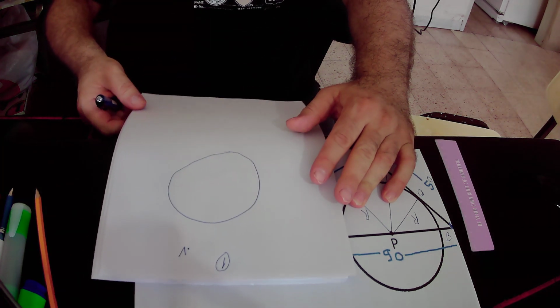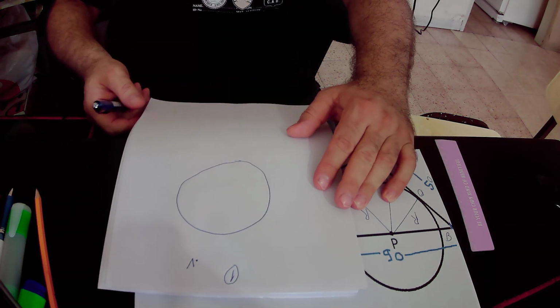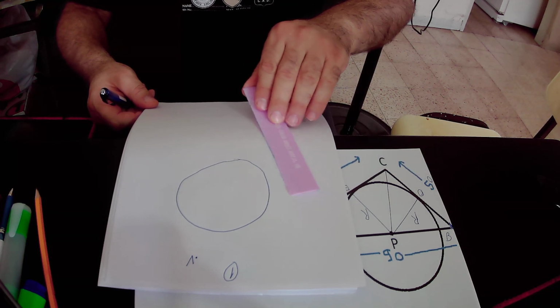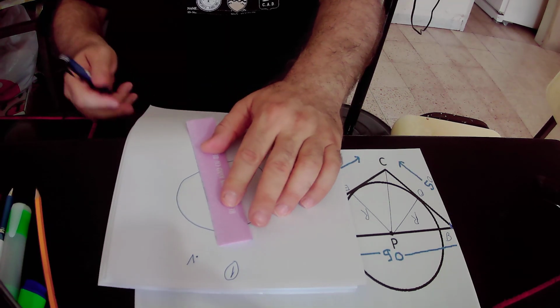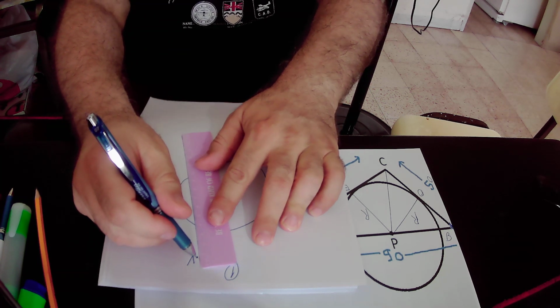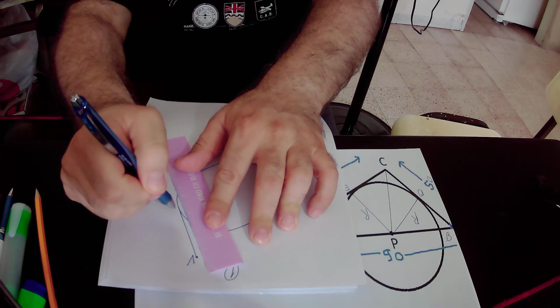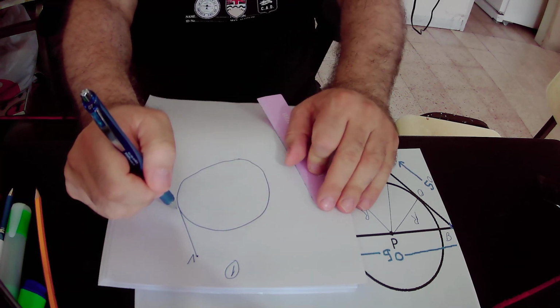From this external point of the circle, if you draw two tangents to the circle, this is the first tangent.